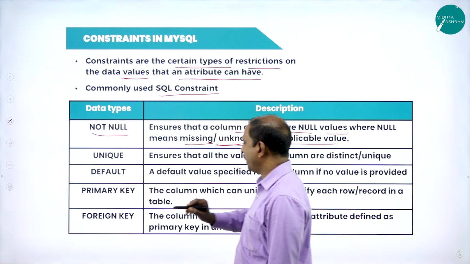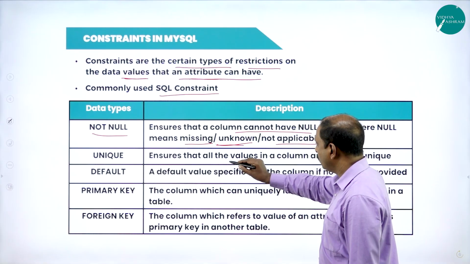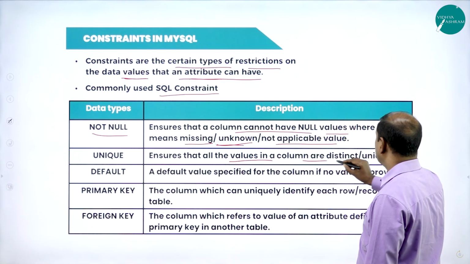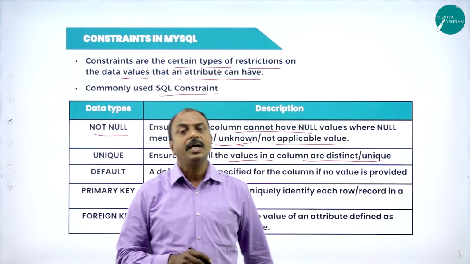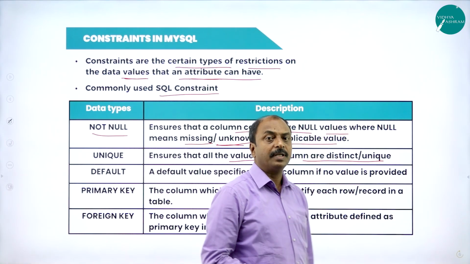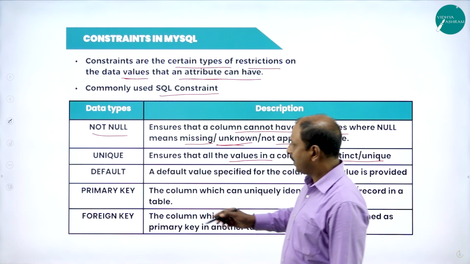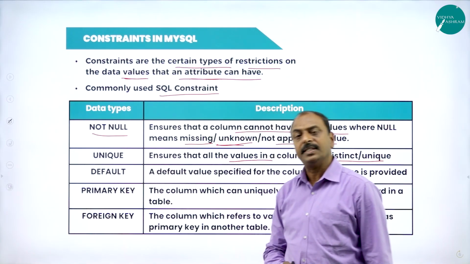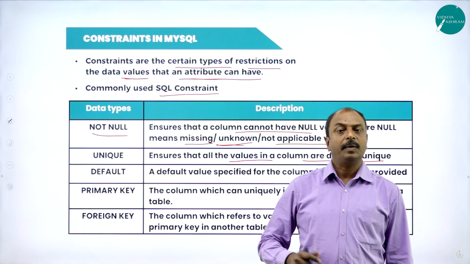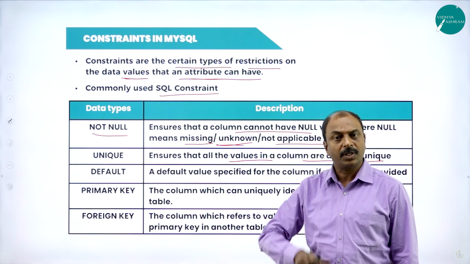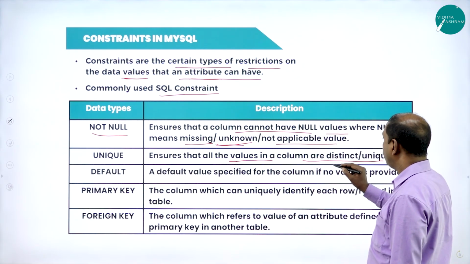Next one is UNIQUE. It is a unique constraint. It ensures that all the values in a column are distinct, or unique. It is to avoid duplication of values in a particular column. So unique is a constraint which makes sure that no values are repeated in that column.